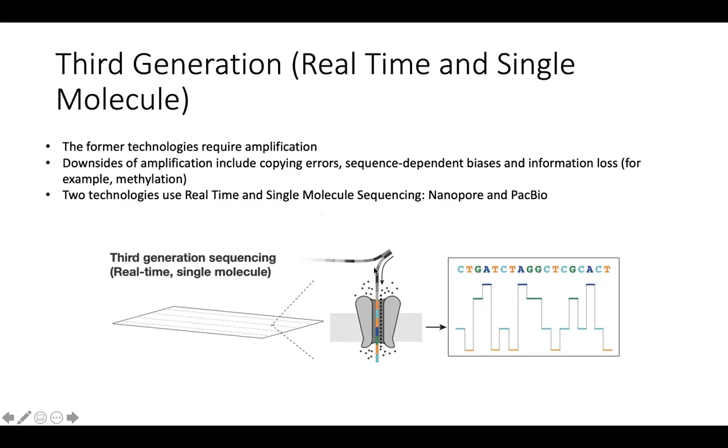The other advantage is the size of the molecule. When we talked about Illumina sequencing, we were talking about around 1,000 base pair long reads. Here we are talking about 20,000, 30,000.